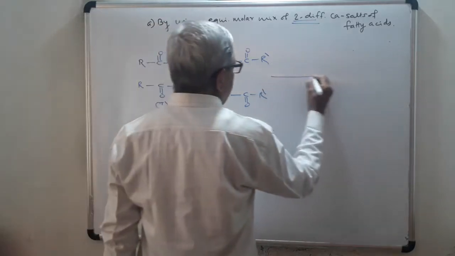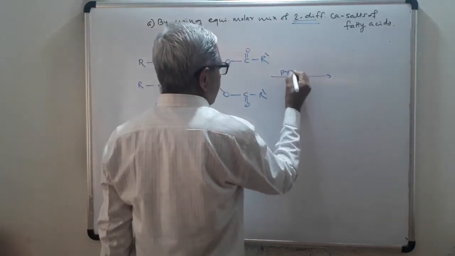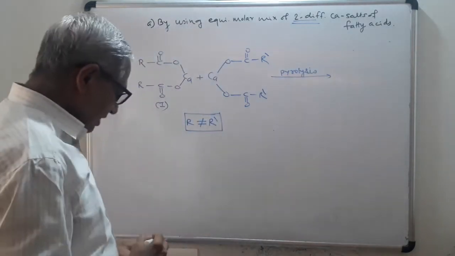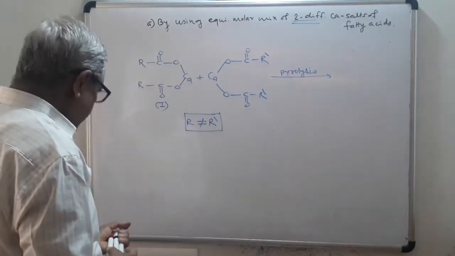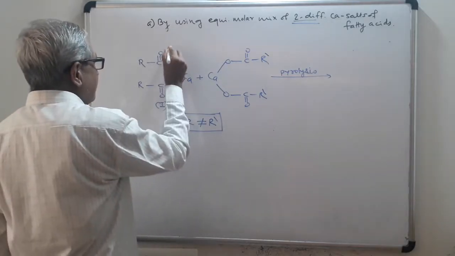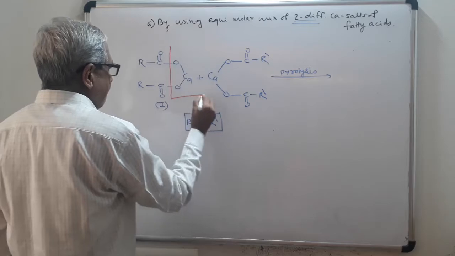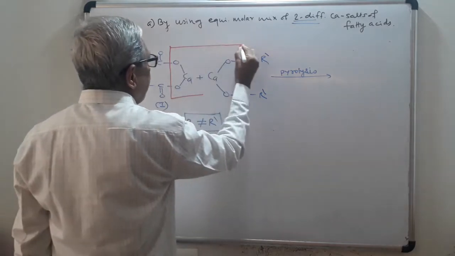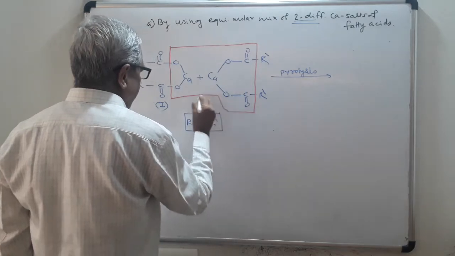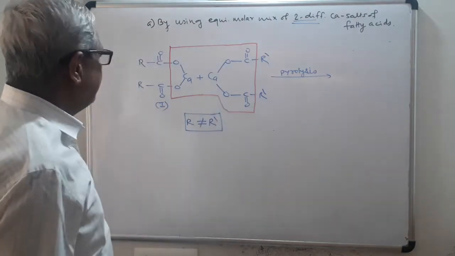When you will do the pyrolysis reaction here, what will happen in this reaction? You will remove the structure like this. I will indicate by the bracket. So see what you will get here.